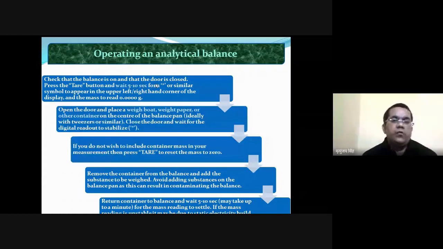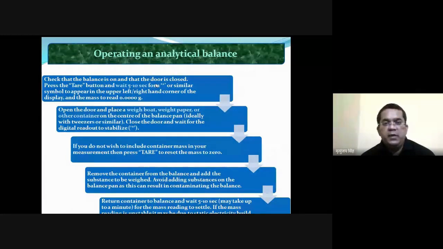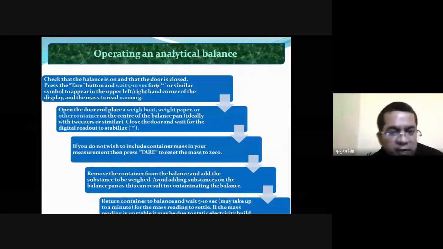Operating an analytical balance, how to operate: check that the balance is on and that the door is closed. Press the tare button and wait for 5 to 10 seconds for a symbol to appear on the display, or similar symbols like an asterisk or some other symbol which the instrument can show on its display. The symbol appears in the upper right hand corner of the display, and the mass should read 0.00.